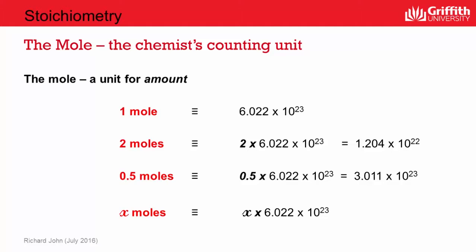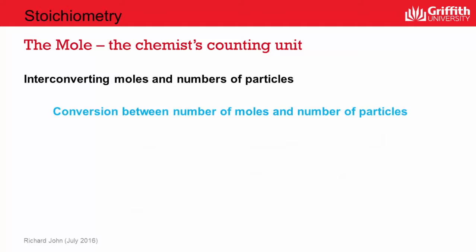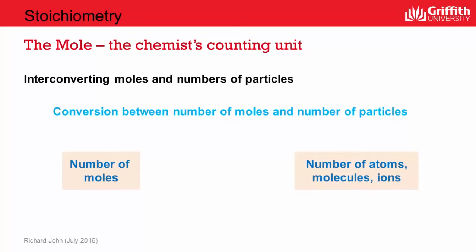Now this concept is very important because there are many occasions where we actually want to be able to interconvert between the number of moles of matter and the number of particles. So converting between, for example, number of moles and the number of atoms, molecules or ions.